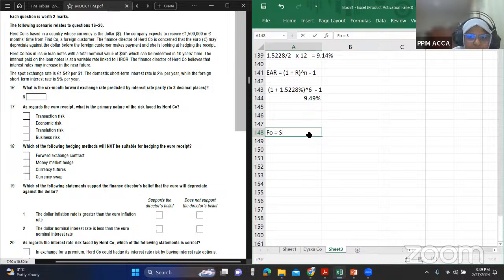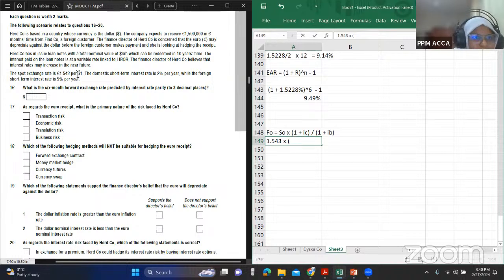The forward rate is the spot rate times 1 plus the interest rate of the counter currency, divided by 1 plus the interest rate of the base currency. The spot is 1.543. That you multiply with, remember, the base is the dollar.